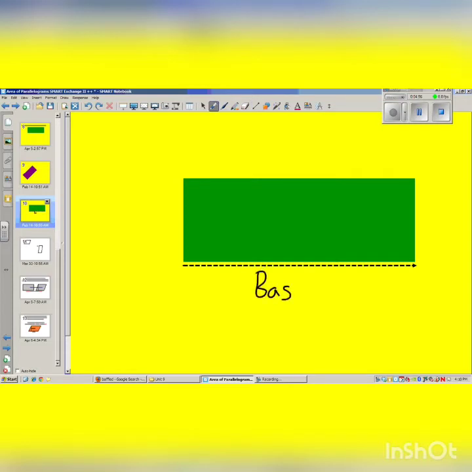My height is right here. We'll label that height. Not base. Height.